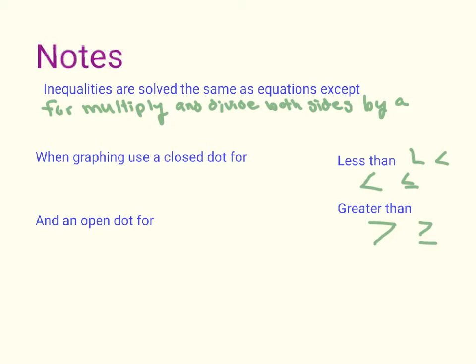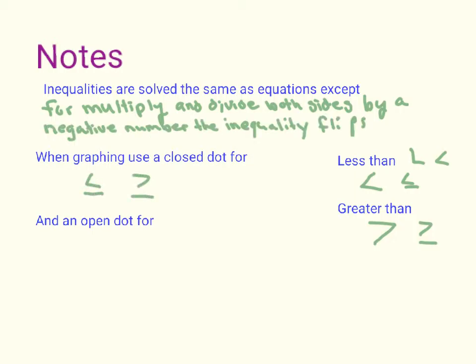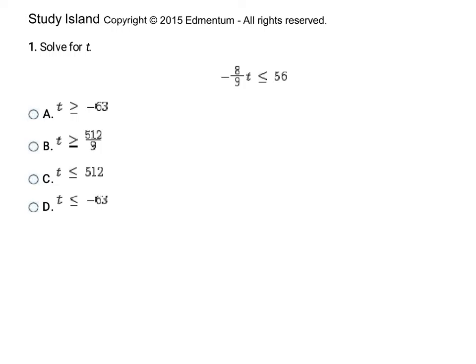So if you started with a greater than, it will flip to the less than, and if you started with the less than, it flips to the greater than. So when you are graphing these answers, you're going to use a closed dot for the less than or equal to and the greater than or equal to. And you're going to use an open dot for less than and greater than. So let's go ahead and look at some examples.